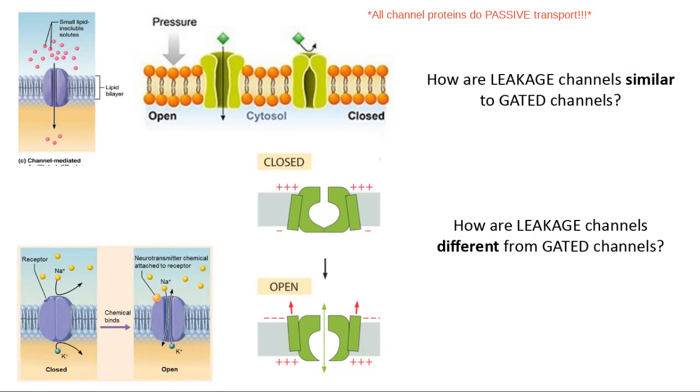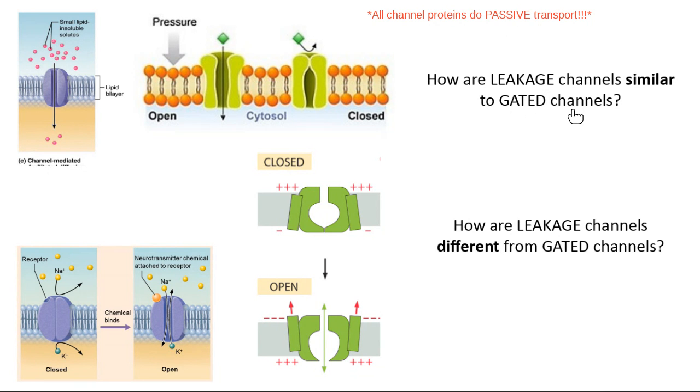This is an underline highlight star idea. All channel proteins do passive transport. You should never tell me on the homework assignment or on the exam that it takes energy to move something with a leakage channel or with a gated channel. Neither of these types of channel proteins require energy.